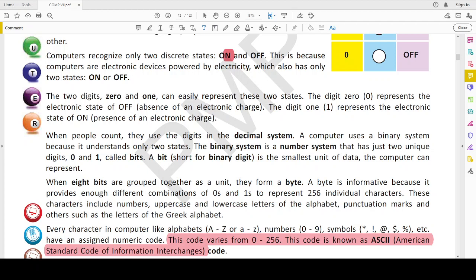The binary system is a number system that has two unique digits, 0 and 1, called bits. A bit is short for binary digit. It is the smallest unit of data the computer can represent.